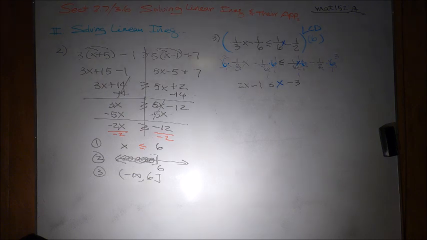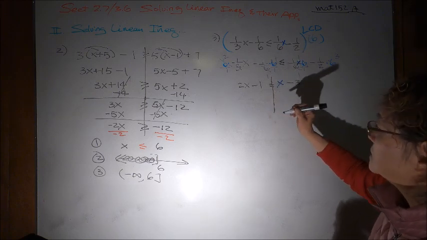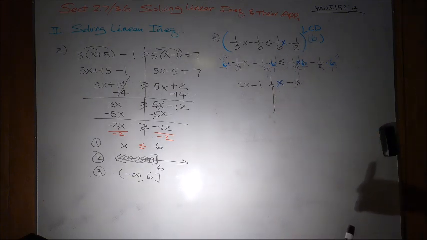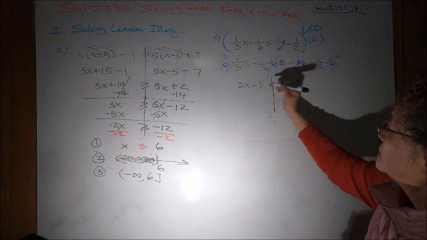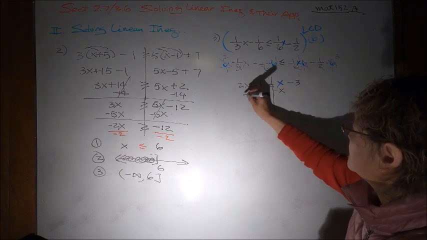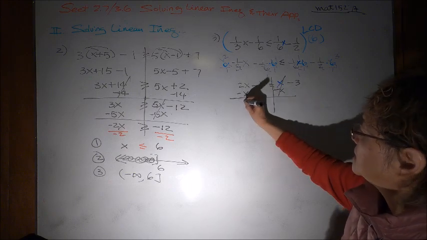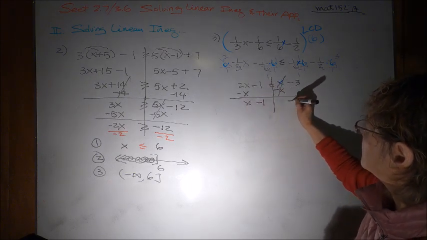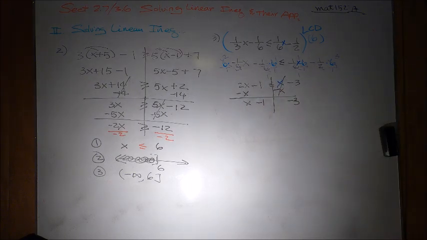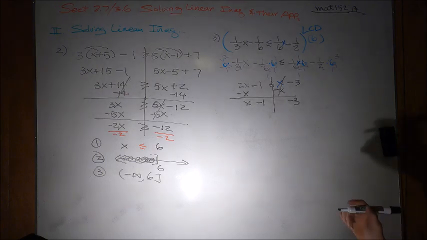Then what do we do? Just like your regular equations, right? Move x to one side by minus x. Here will be x minus 1 and negative 3. Should we change the direction of the sign?